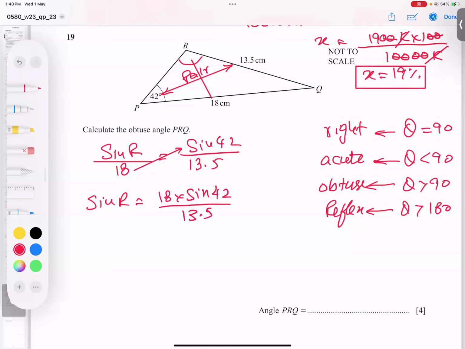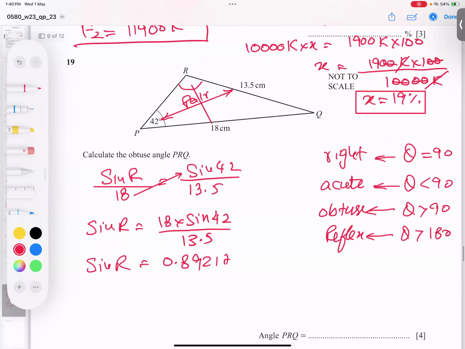Now if you type in the calculator, that is why it's 4 marks, students. If you type in 18 into sine 42 divided by 13.5, it gives sine capital R is 0.89217. Students, you remember we have the CAST property.